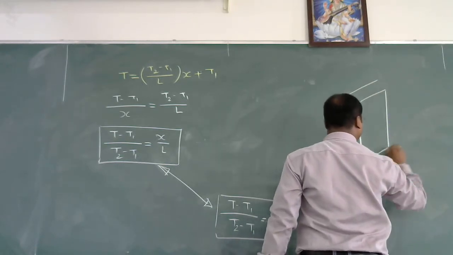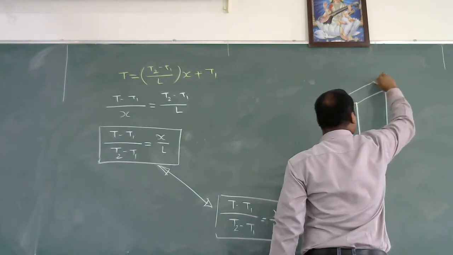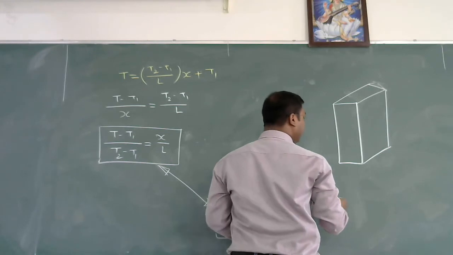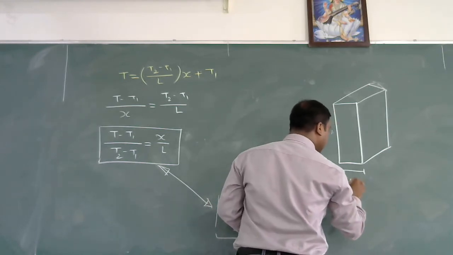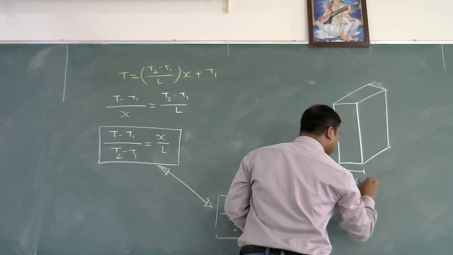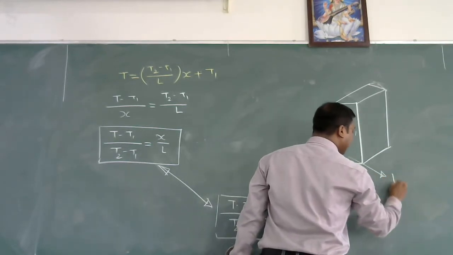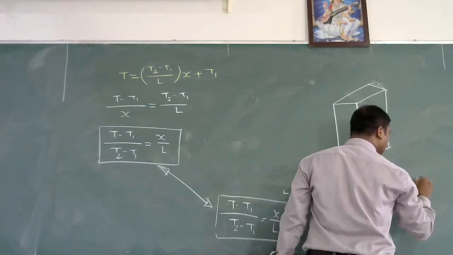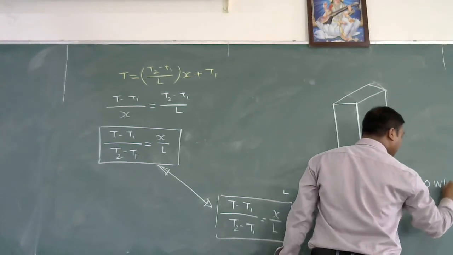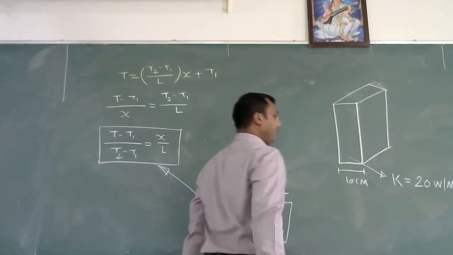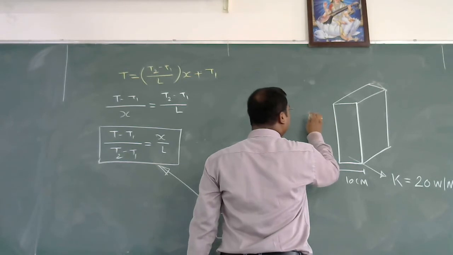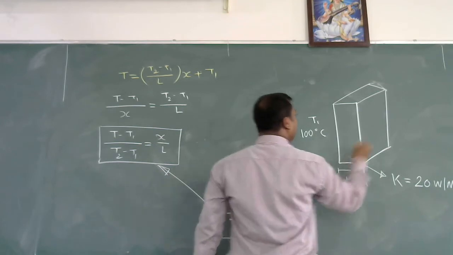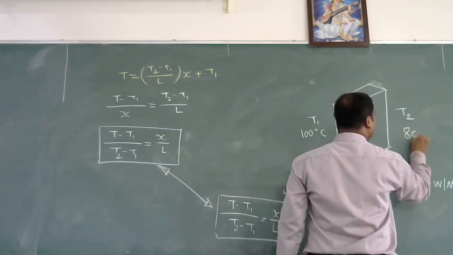Having a thickness of, say, 10 centimeter, made up of a material with K equal to some finite value, say 20 watt per meter degree Celsius. The inside temperature T1 is some finite value, say 100 degrees Celsius. Outside temperature T2, say 80 degrees Celsius.